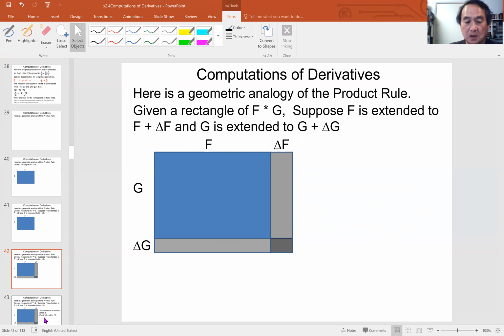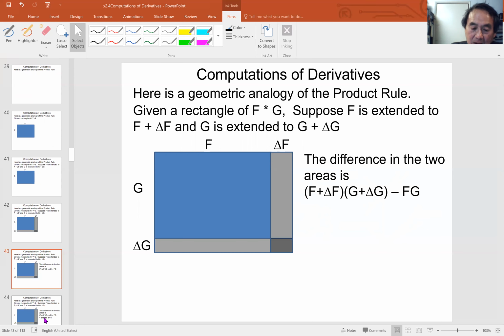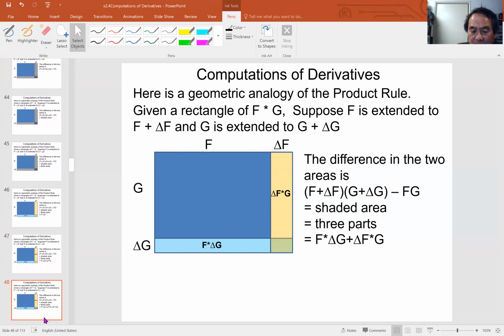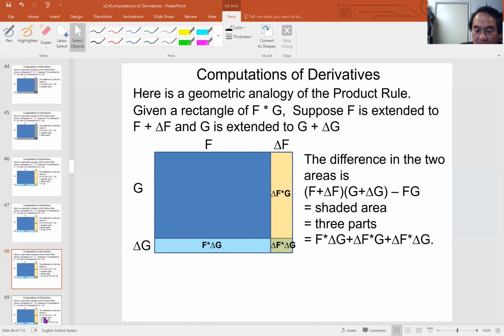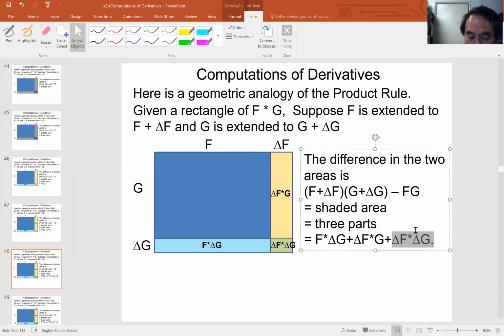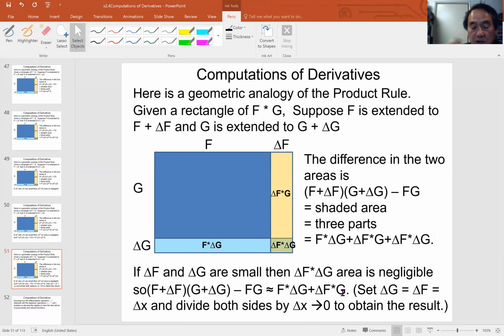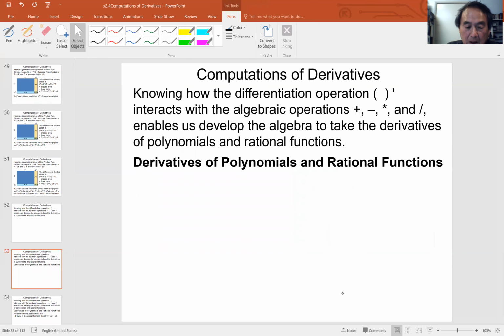The growth is the shaded area, and it consists of the two strips plus a little corner. The rate of growth is roughly, by dropping that little piece in the corner, f times delta g plus the other one switched around. This is what the product rule is telling you about the rate of growth in terms of derivatives.